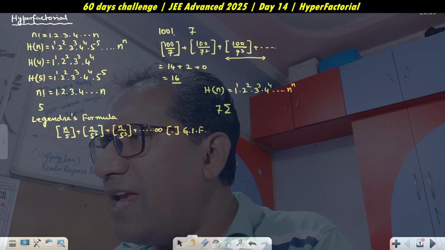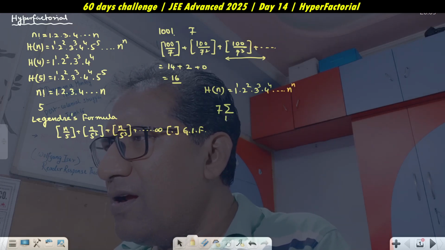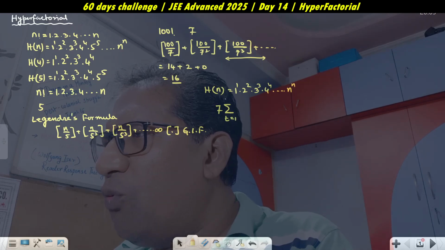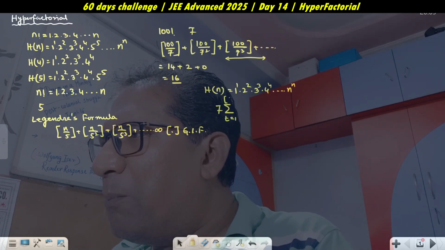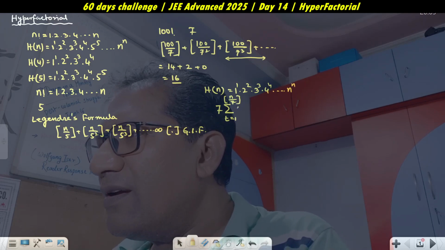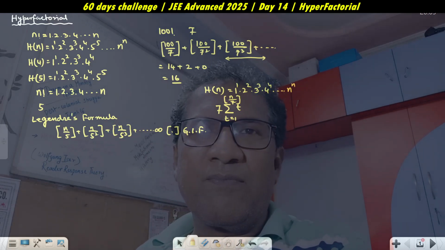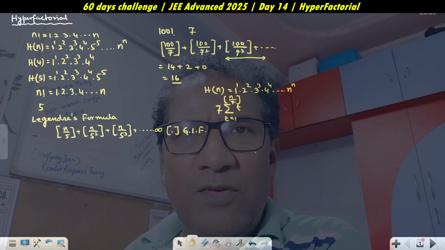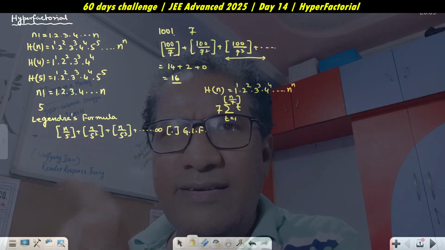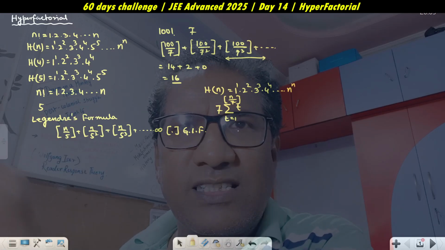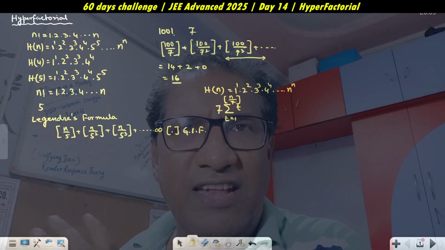7 into sigma t equals 1 to floor of n by 7 t. This is t. Sigma t, where t starts from 1 till floor of n by 7 t.